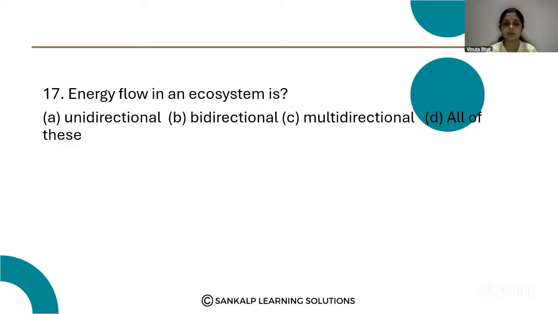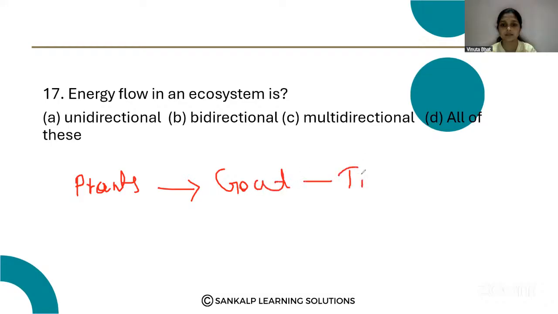Question number 17. Energy flow in an ecosystem is unidirectional, bidirectional, multidirectional, all of these. So here, energy flow means producers, plants. Okay, I'll take it as plants, then goat and tiger. So this is one energy flow, right?